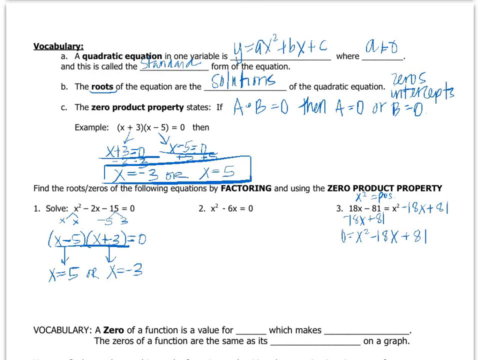Now, as I look at this, let's factor it again. x squared is x and x. 81 is 9 times 9. But in order to be a negative 18, both 9s have to be negative. So I have x minus 9 and another x minus 9. And we would normally suggest that you write x minus 9 quantity squared.